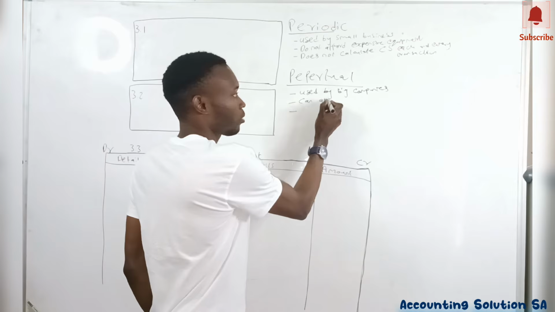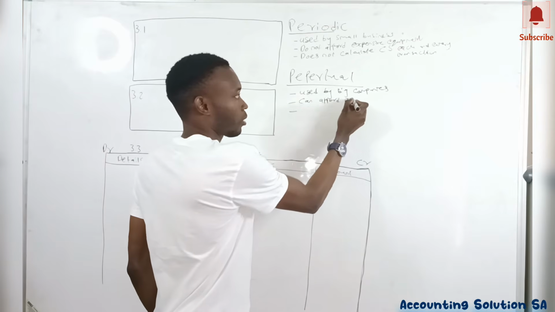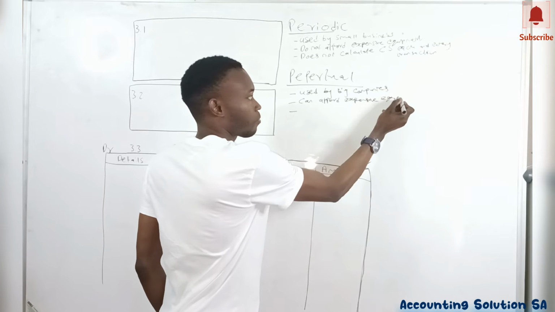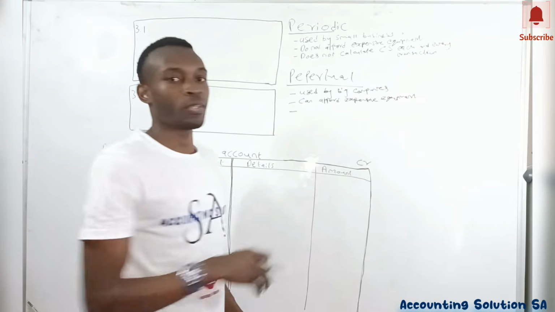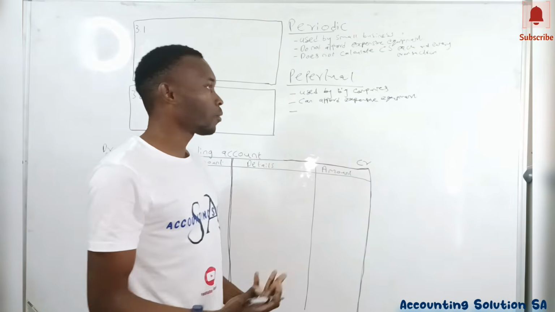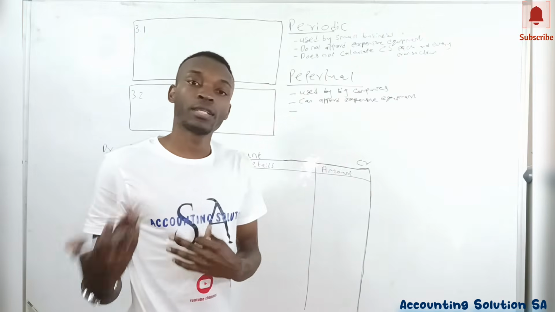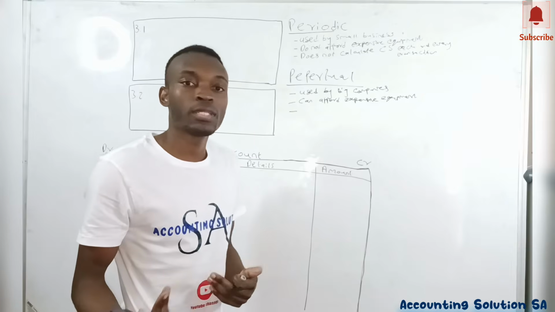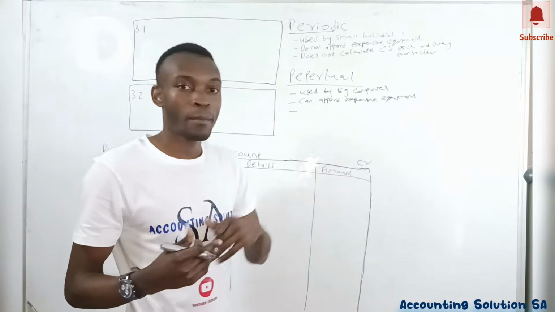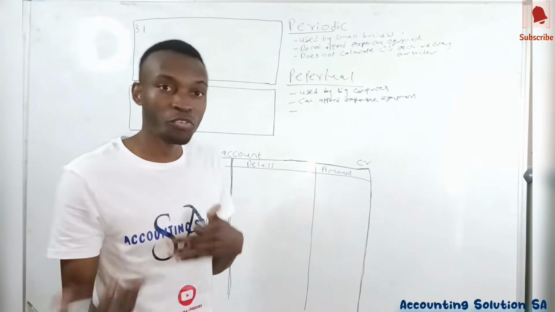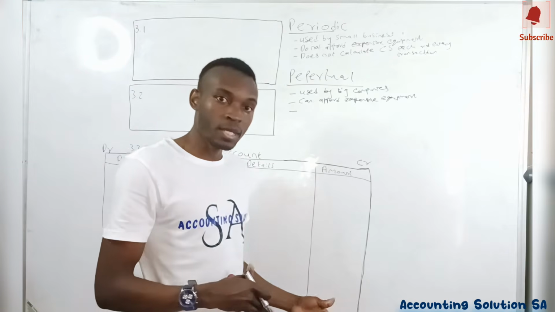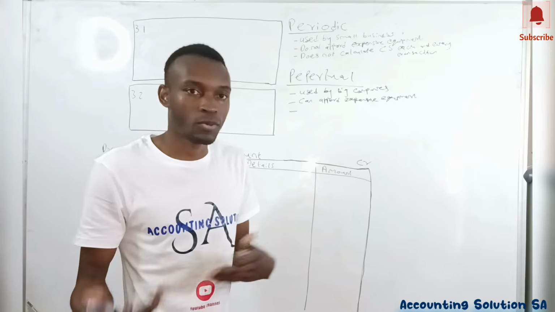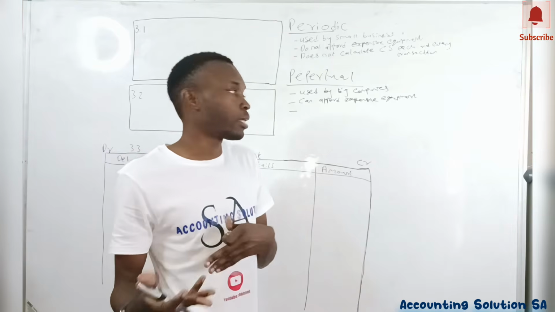Under a perpetual inventory system, a system is going to calculate cost of sales at each and every point of transaction. When we make a sale, a cost of sales is going to be calculated at the same time, because it's the system, it is not a person.